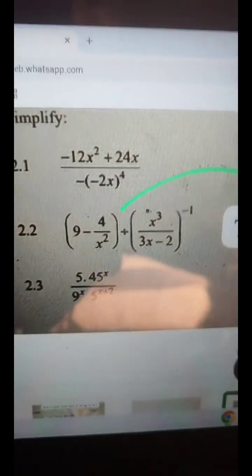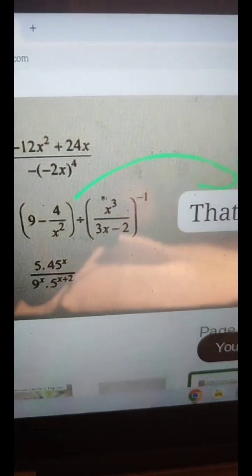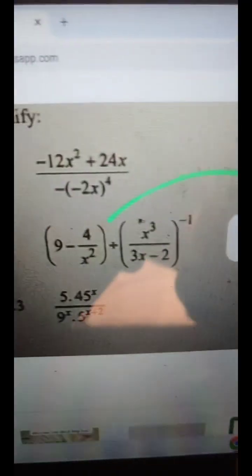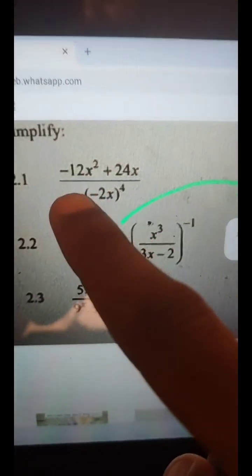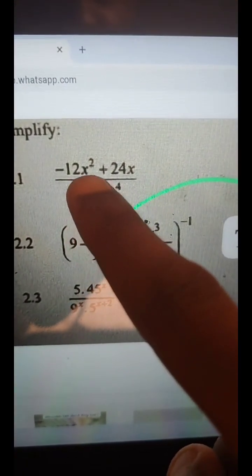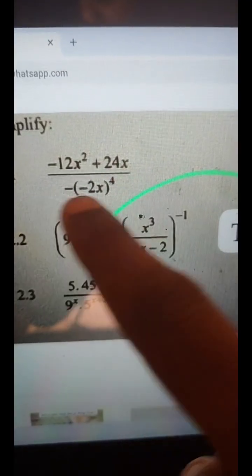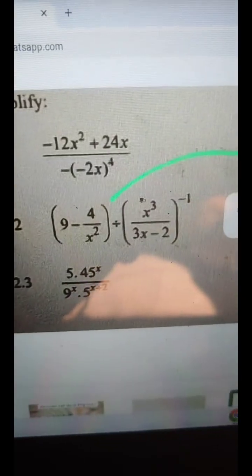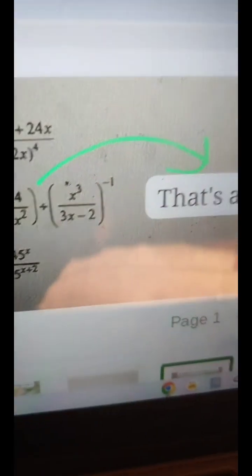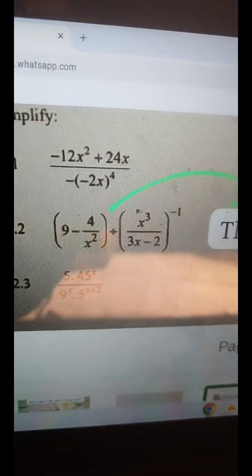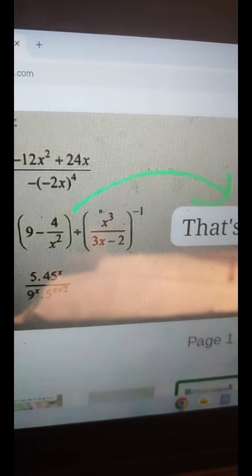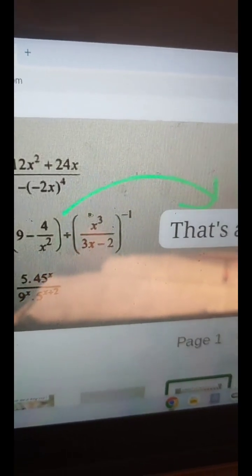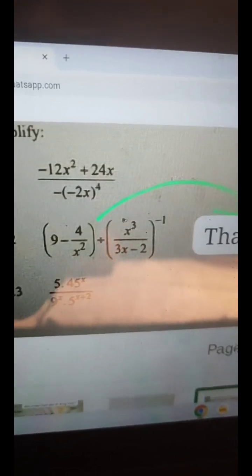We have these following questions now to look at. Beautiful questions, by the way. Might I add myself? Simplify negative 12x squared plus 24x over negative brackets minus 2x brackets to the power 4. Right, let's look at this. Very interesting question. Division. Now we are looking at the division of expressions.